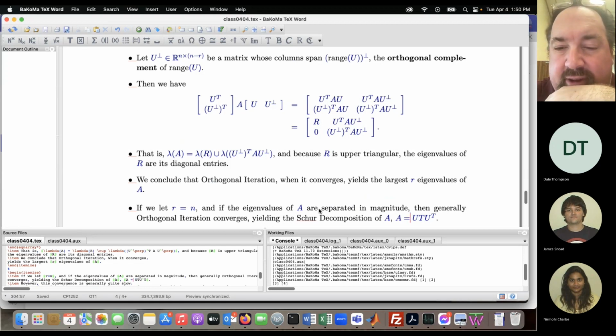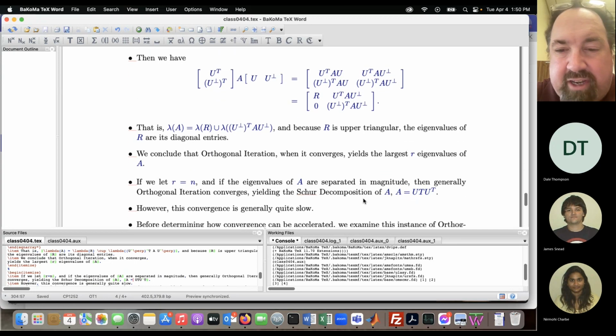Now, if they are not separated in magnitude, if you have any instance of, for instance, eigenvalues occurring in complex conjugate pairs or repeated eigenvalues, then this is not necessarily going to work. And even if it does work, the convergence is slow. So again, this is progress.